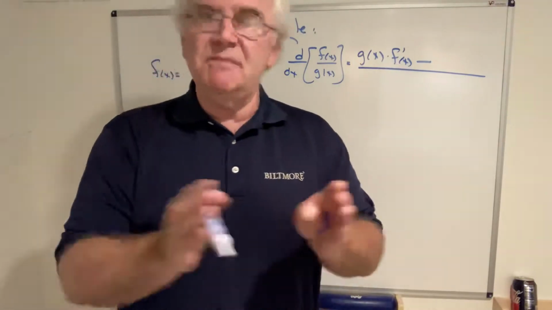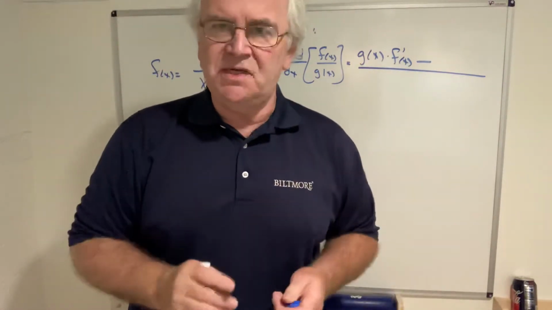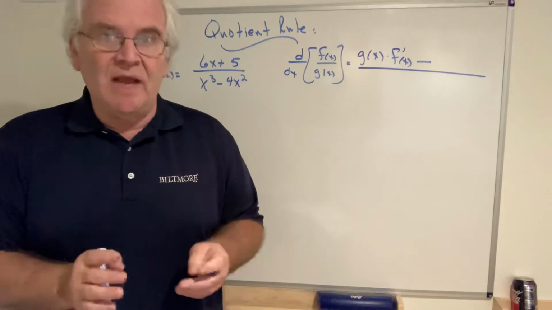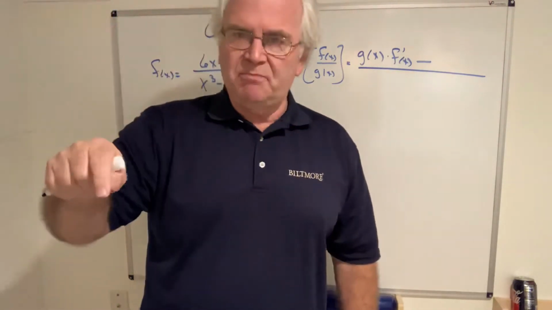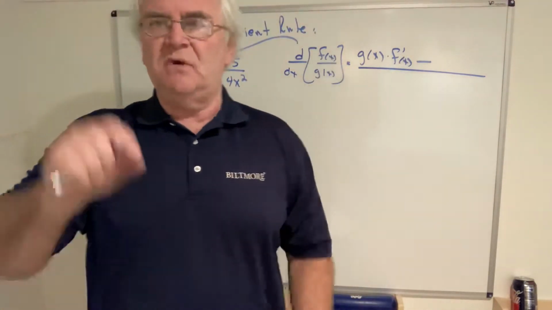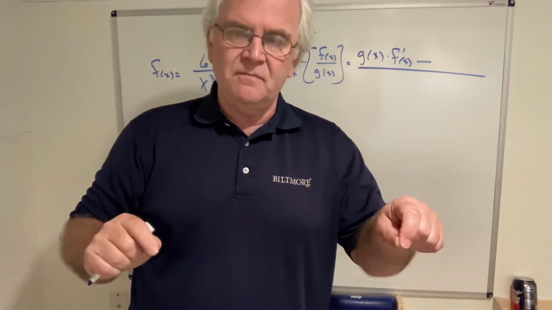Division, quotient, is minus. It kind of associates together. Turns out it doesn't have to be that way, but that's the way it works. If you're multiplying the functions, it's plus. If you're dividing the functions, it's minus.